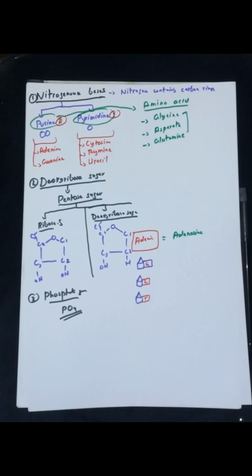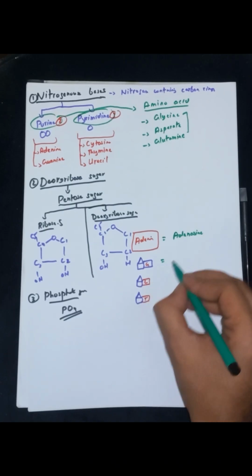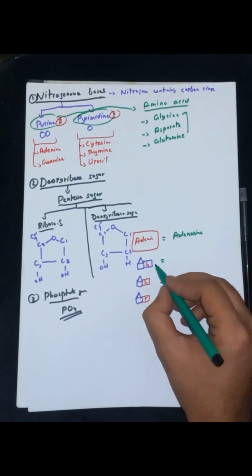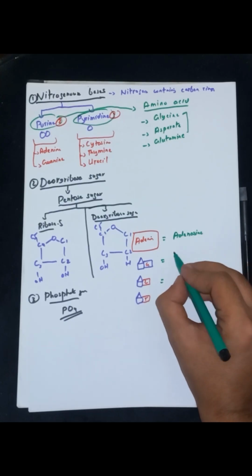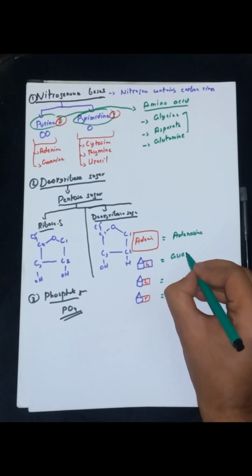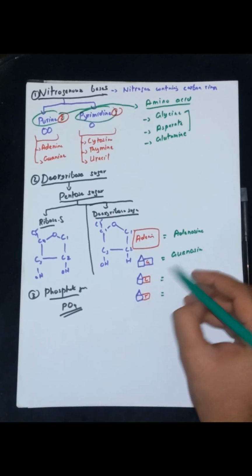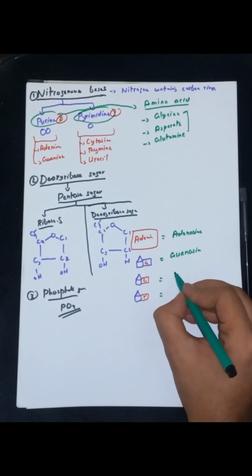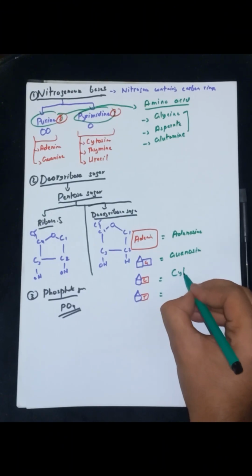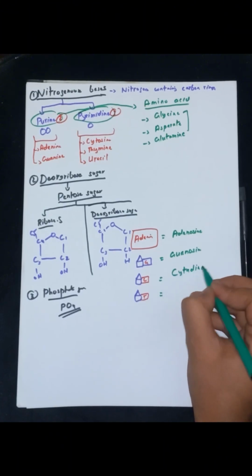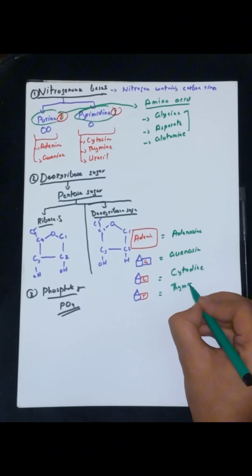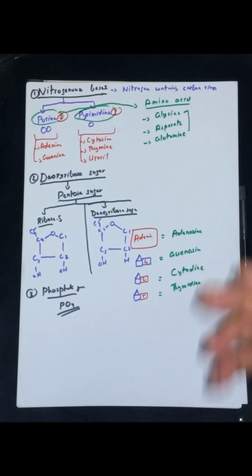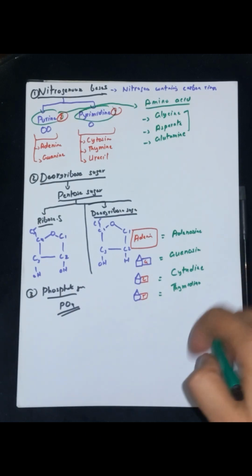Okay, so now what we have here, when guanine combines with deoxyribose sugar, then what is formed? Guanosine. And same here, what will form? Cytidine. And what will form here? Thymidine. Okay, so this was the first combination that must occur.